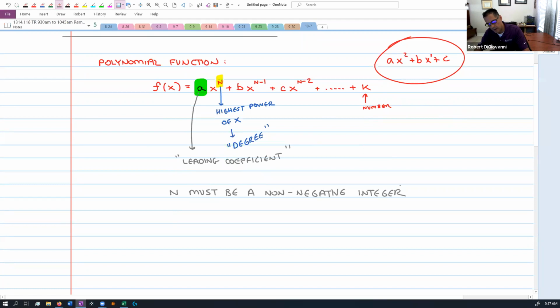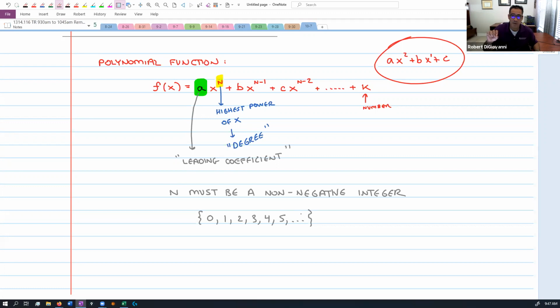Now, what do I mean by non-negative integer? I mean, it can be 0, it can be 1, it can be 2, 3, 4, 5, any of your natural counting numbers, all right? That's what you need in order for this to be a polynomial.